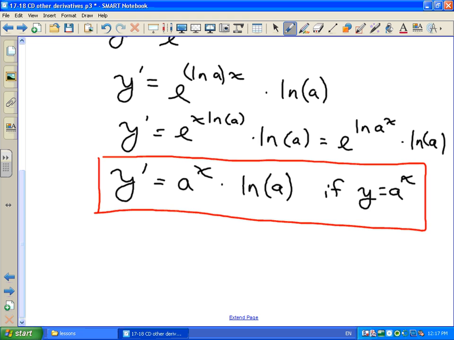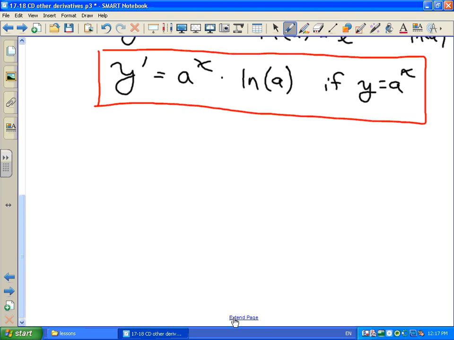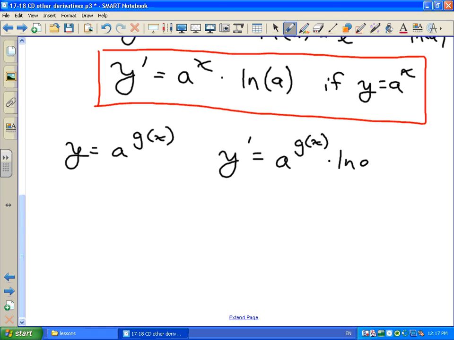And of course, if y is a composite function, a to the g of x, then our derivative is going to be, well, similar to what we did with the base e. We get our original function, so a to the g of x. We have to have this numerical factor in here, ln of the base, to account for the fact that we've got a base other than e.